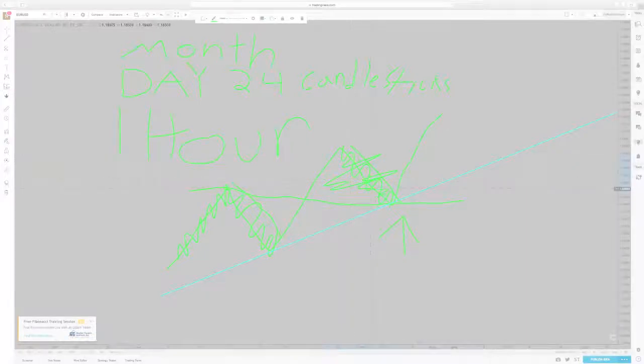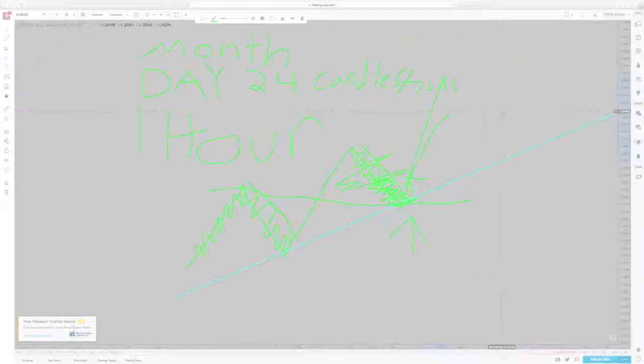The 1 hour just looks crazy. It looks crazy, but when we zoom all the way in, it starts to look neater, and we just look for buy opportunities, buy in, make money, all that. But yeah, that was the example I was trying to give you guys.